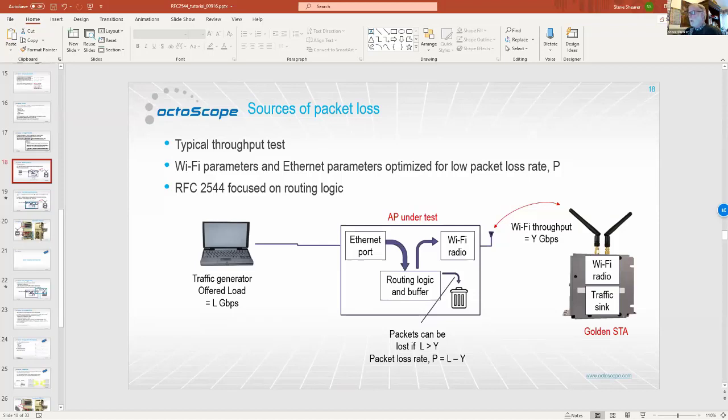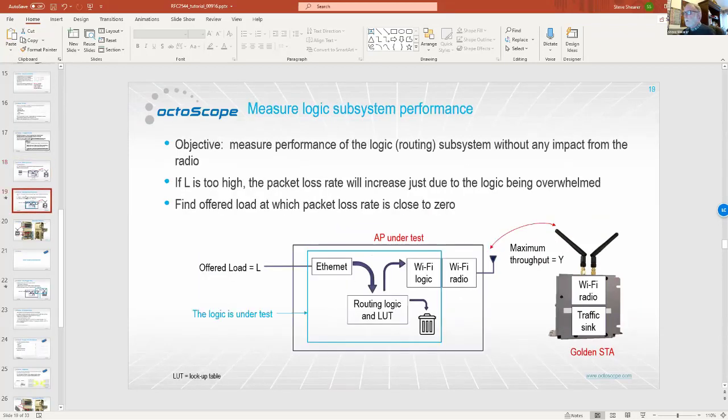So we make sure that the Wi-Fi link is set up in a way that the frame error rate is as low as possible. So we want to divide and conquer. And that allows us to put a traffic generator onto the device, vary the offered load, look at packet loss, and so on.